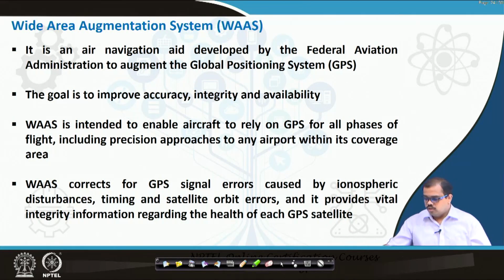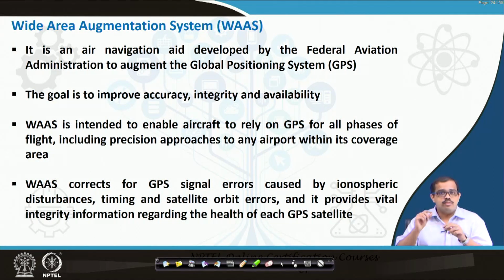Then we will look at another system, which is called the Wide Area Augmentation System. Why this is extremely important is that it was developed and introduced by the Federal Aviation Administration as a part of the Global Positioning System.